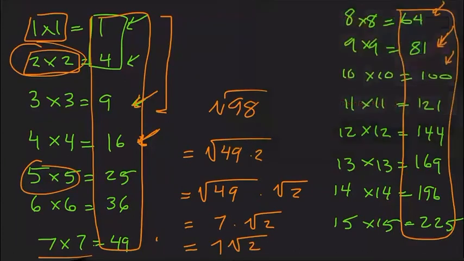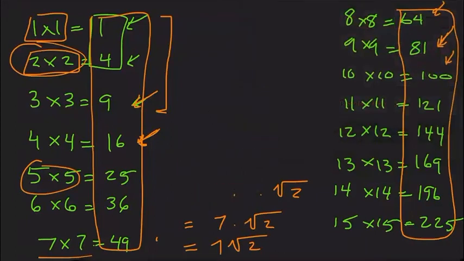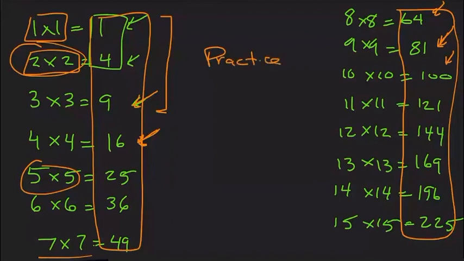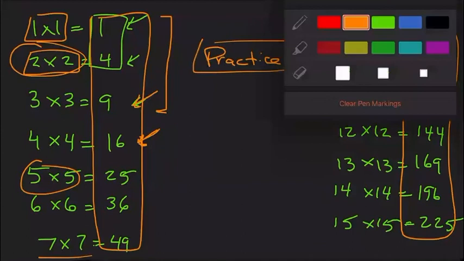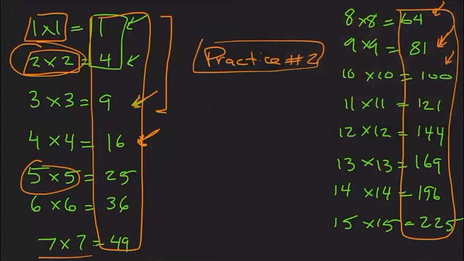Let's go ahead and try some practice. Let's write this first, practice number 2. Let's say we have square root of 200, and let's start with an easier one.